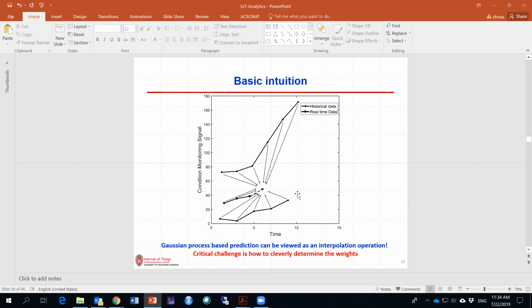So the key is that we need to specify or estimate a good covariance function: the autocovariance function for the middle process and the cross covariance function between the other processes and the middle process. So this is the intuition for the multivariate Gaussian process-based prediction.